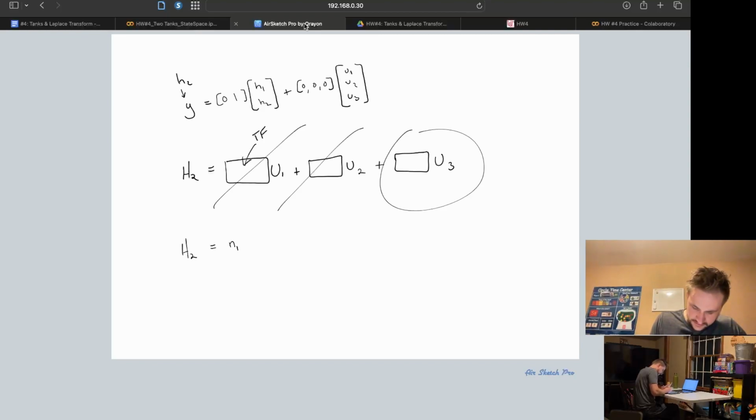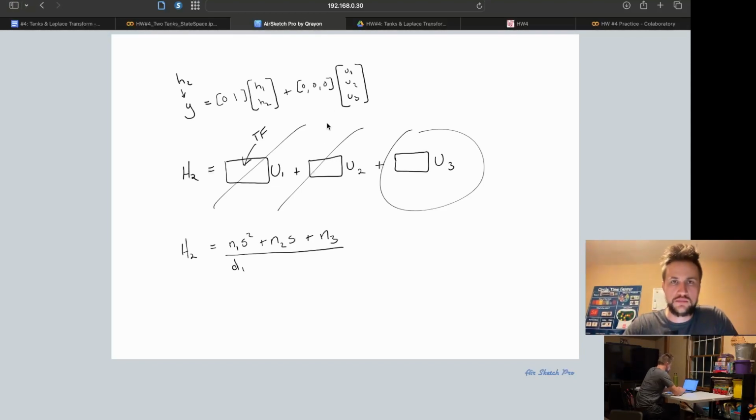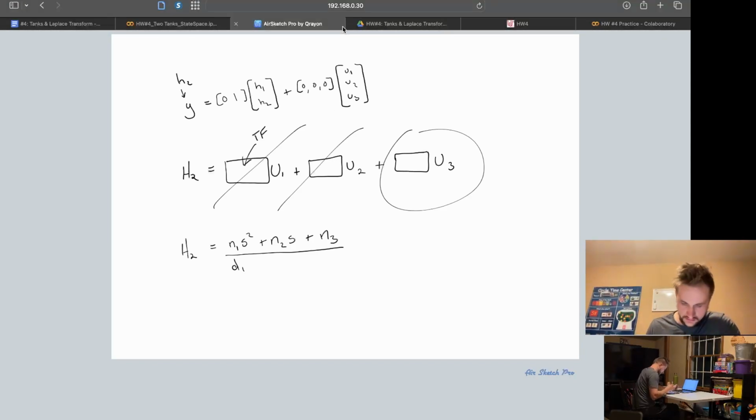So we've got this right here for a numerator set of values, and then this here for a denominator set of values.